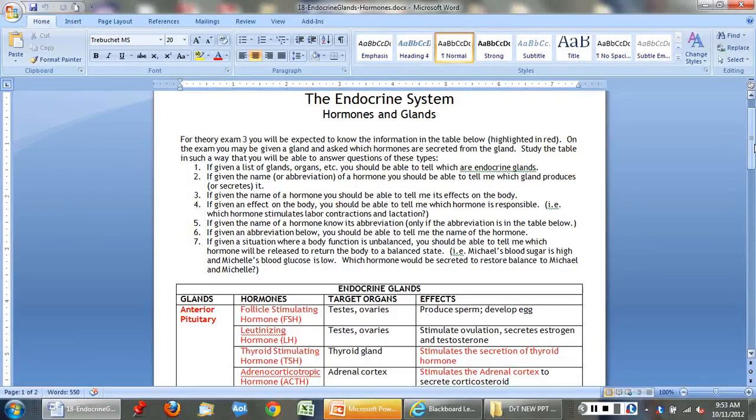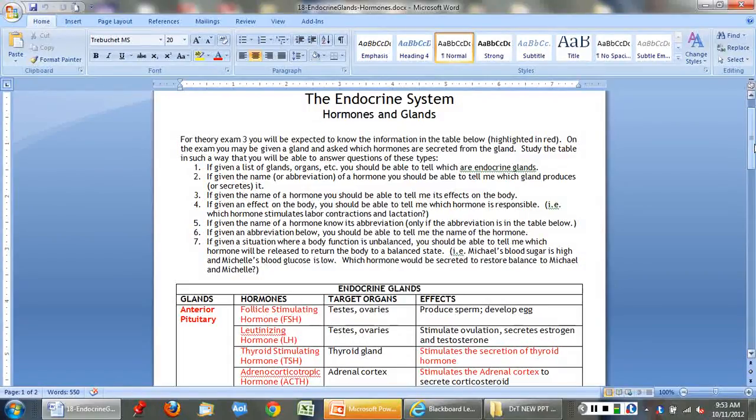For example, name a hormone that you all know about. Estrogen, testosterone. Any others? Oxytocin. Yes. Any others?